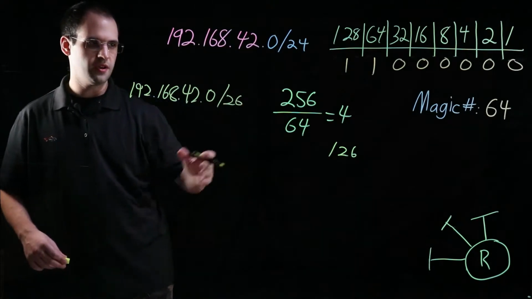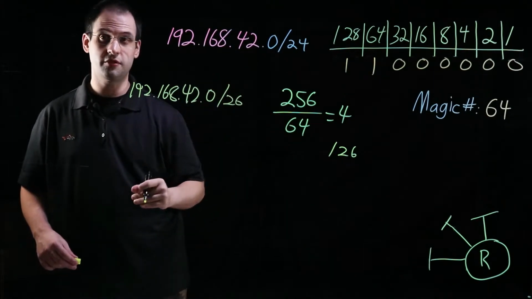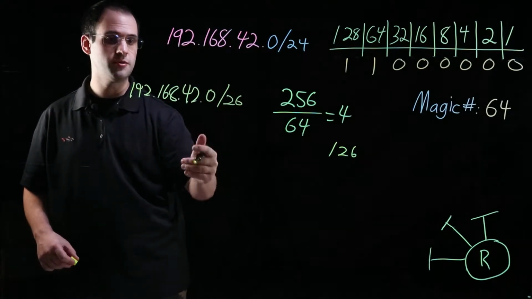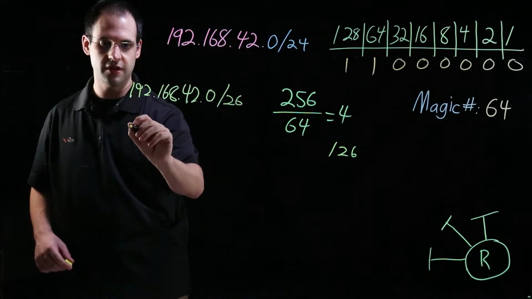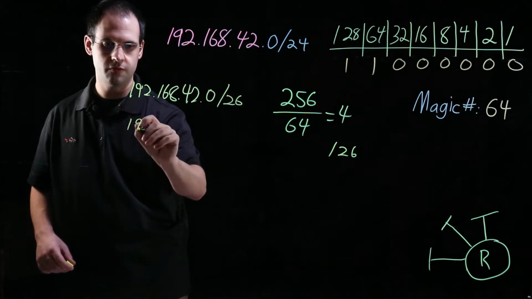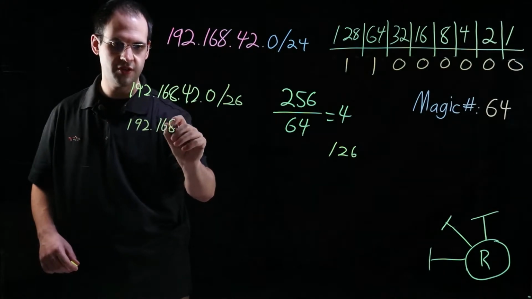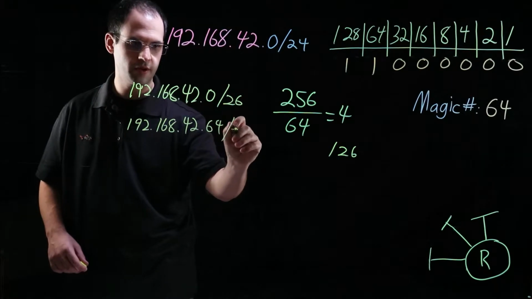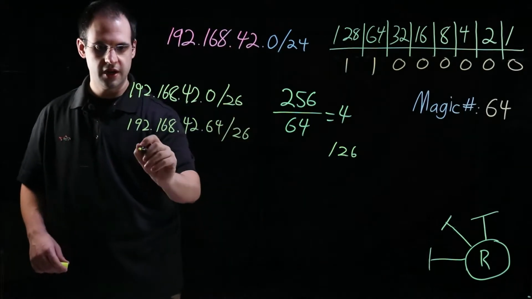Because it's 64, we're going to go up 64 values. So I can easily determine that my next network is 192.168.42.64/26.